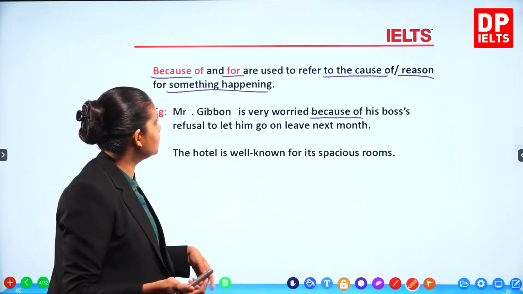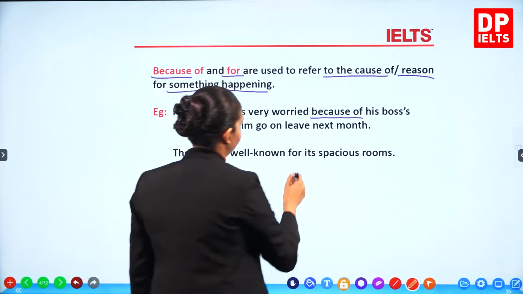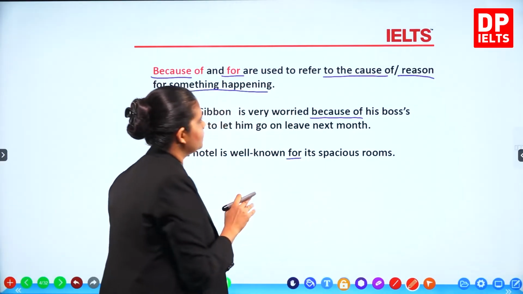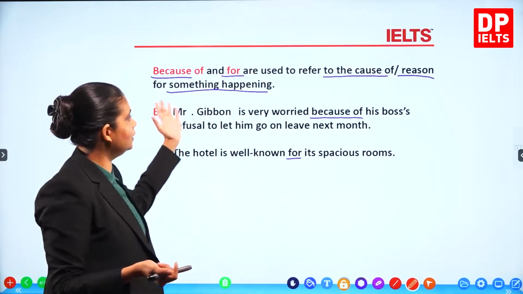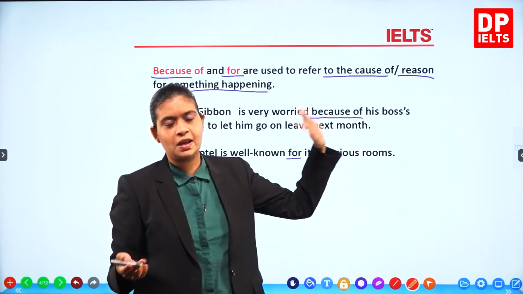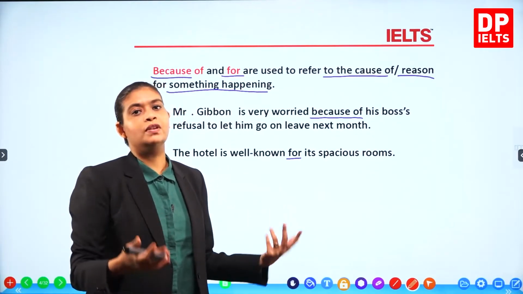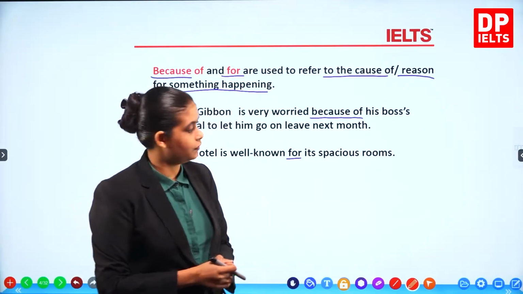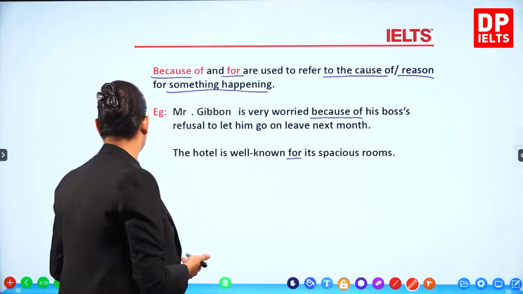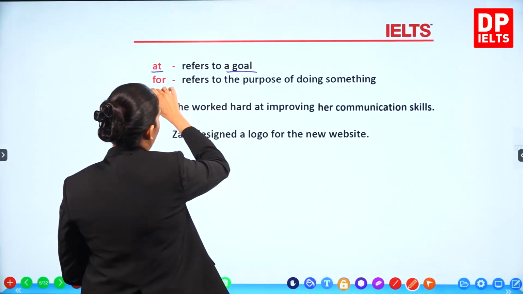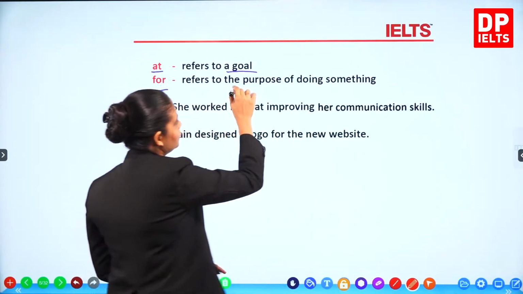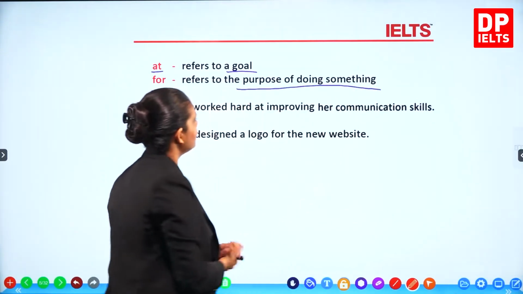The hotel is well known for its spacious rooms. Again, the reason. So you could refer either to the cause of something happening or the reason for something happening. Both are correct. At refers to a goal, whereas for refers to the purpose of doing something.